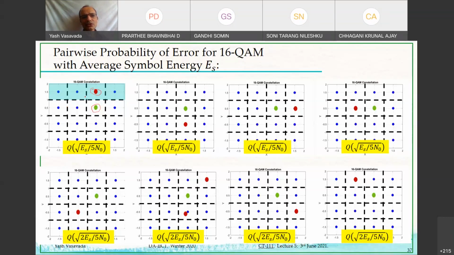But we are actually saying that the answer of this two-dimensional double integration would be something like this. Similarly, when this symbol is transmitted and the received symbol is erroneously detected as this red colored symbol, it is as if we are doing two-dimensional integration over this belt, and so on.